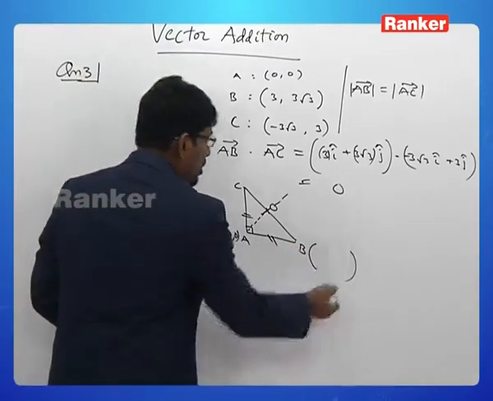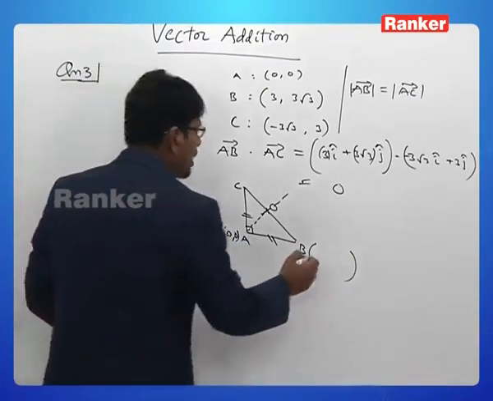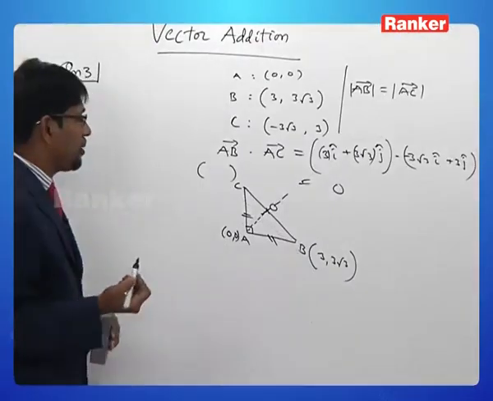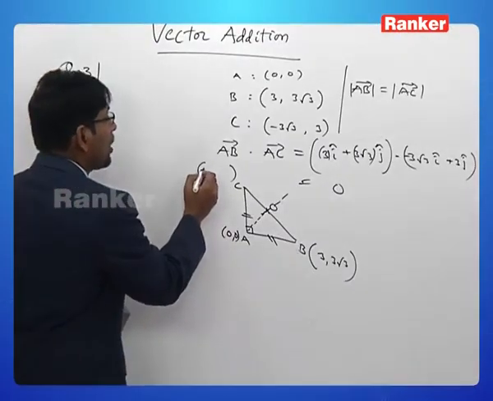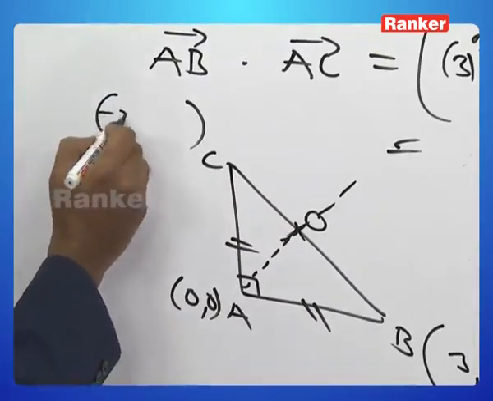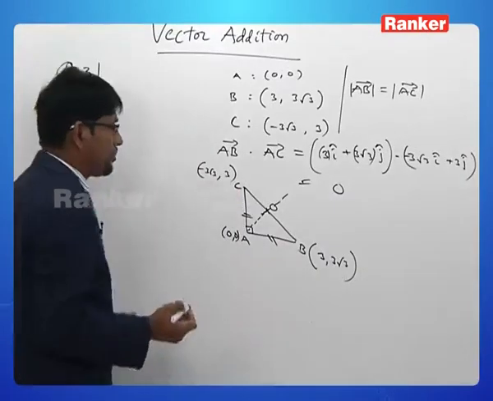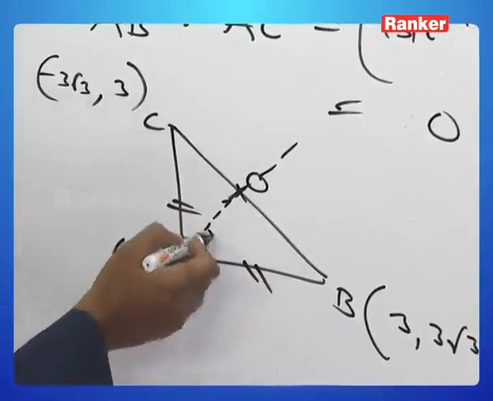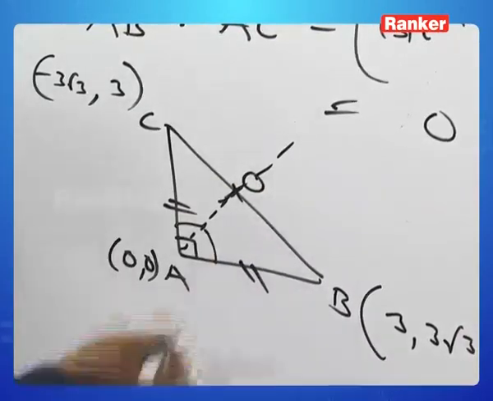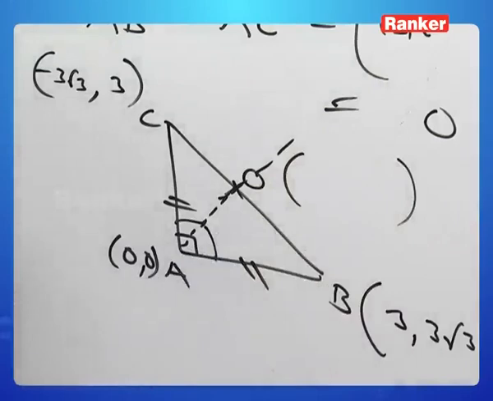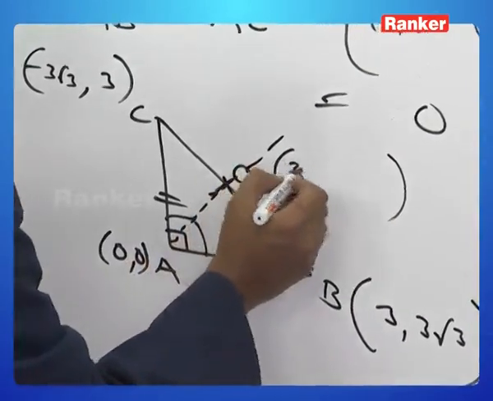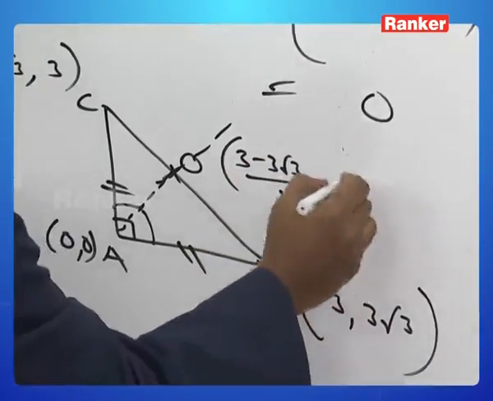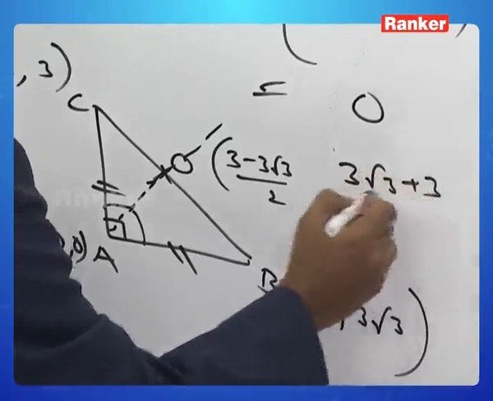The position vector at the point B is (3, 3 root 3), and here this will be (minus 3 root 3, 3). Clearly this will be a bisector as well, bisector of this angle, as well as we can even say O is the midpoint. So we will just join up and find out this point, that is (3 minus 3 root 3) by 2, and here we have (3 root 3 plus 3) by 2.